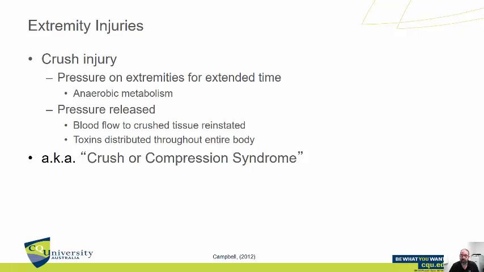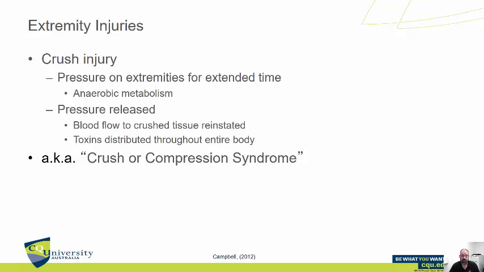If you have blood loss or concomitant injuries with your crush injury and you have blood loss, your body is going to go into a state of anaerobic metabolism, where it starts to use other forms of energy other than oxygen and glucose. This causes a buildup of lactic acid.